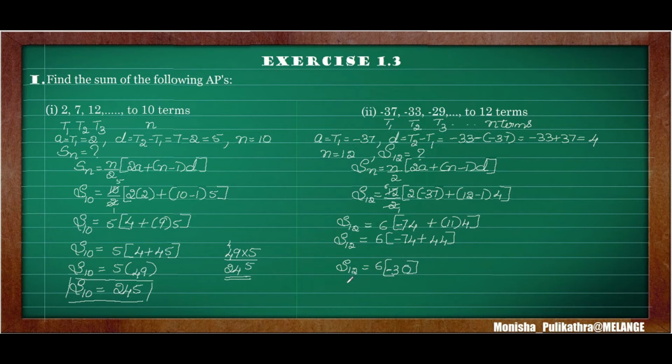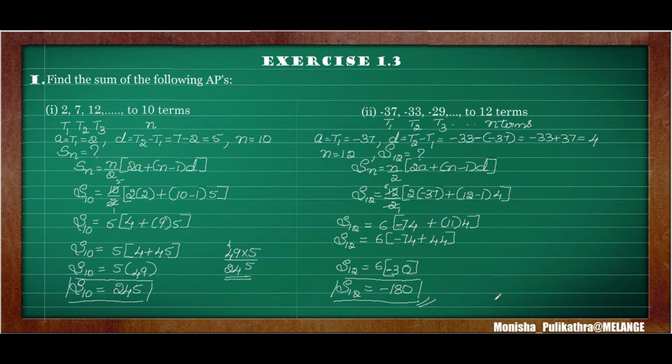Now we need to multiply it. So S12 is equal to 6 threes are 18. So 6 into 30 is 180. Since there is a minus sign, you need to retain that minus sign here. So the answer for the sum of 12 terms in the given AP is minus 180.